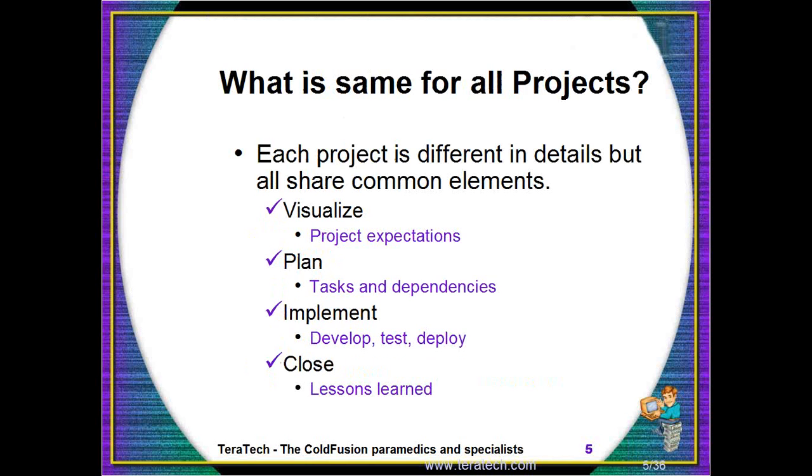Also, projects typically have some planning and visualization, a whole bunch of implementation where you develop, test, and deploy your project, and then I usually make sure a project has a clear close, and we learn what lessons we can from how the project went well and what we can improve.